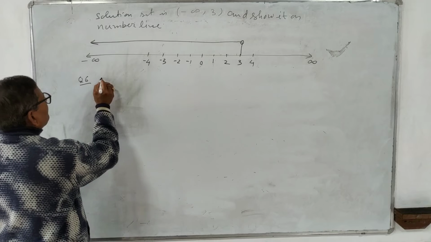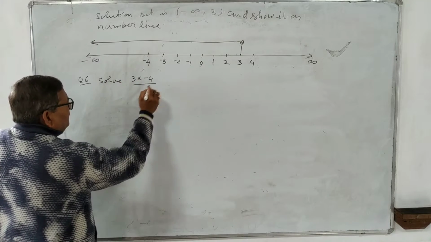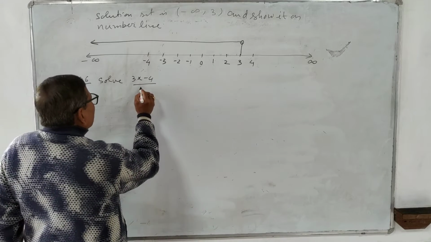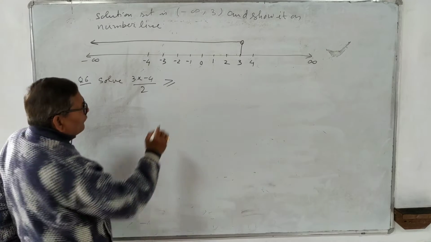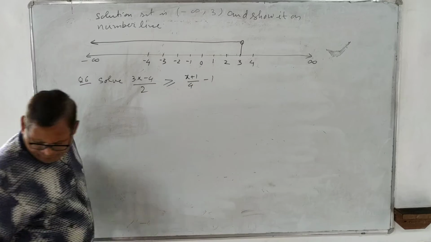Solve 3x minus 4 by 2 is greater than or equal to x plus 1 by 4 minus 1.